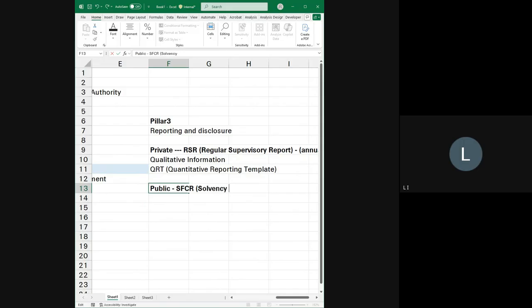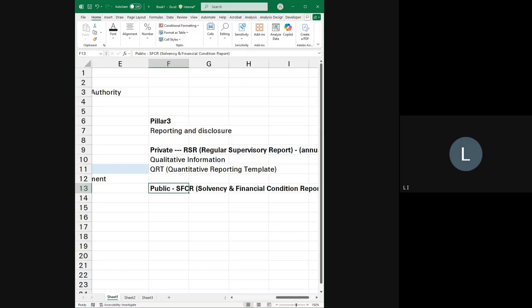That needs to be produced publicly. Okay, and that is nothing but some part of RSR. So they can pick up portions from qualitative and QRT and put that in the SFCR, but at times insurance companies voluntarily disclose more information to the public.